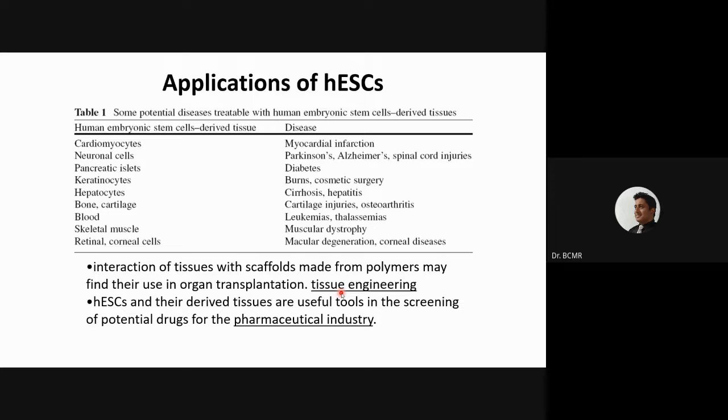What is successfully being used at this point is tissue engineering. If we are planning to make organs outside and then put them into the body, tissue engineering comes into play. I think you are already learning, or you will be learning tissue engineering in your next semesters. In that, you build a scaffold with biopolymers and add these cells.